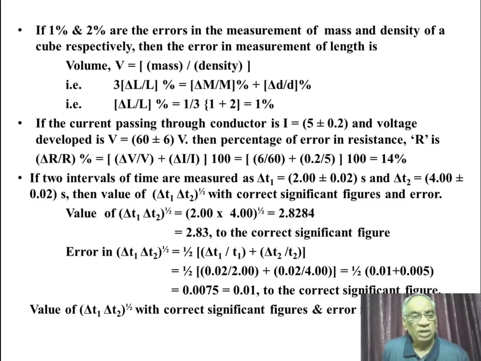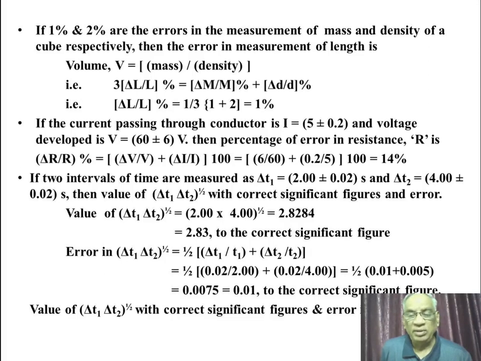As volume is equal to mass by density, and volume is nothing but L into L into L, 3 length dimensions, so 3 times delta L by L is the fractional percentage error for the volume, where mass is 1 term and density is 1 term. So delta m by m percentage plus delta d by d percentage.